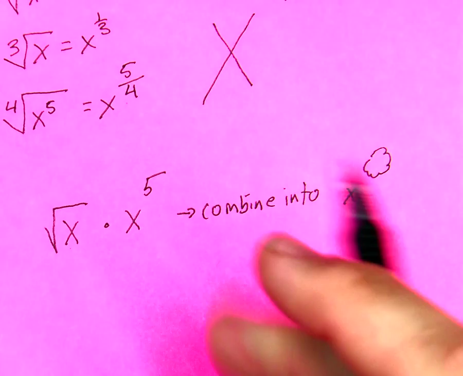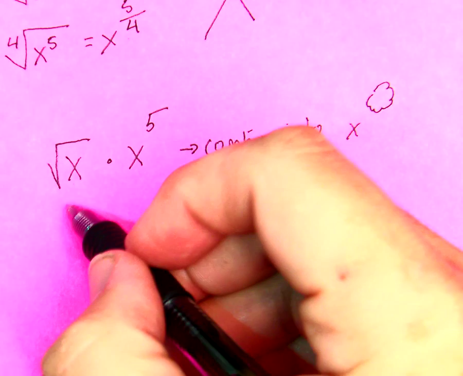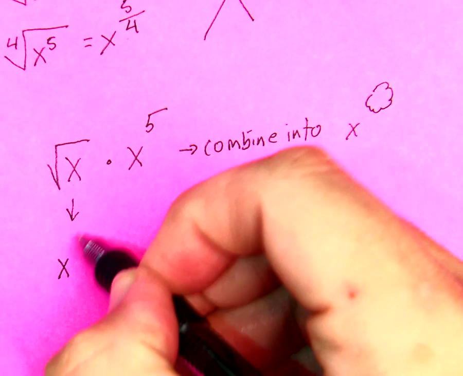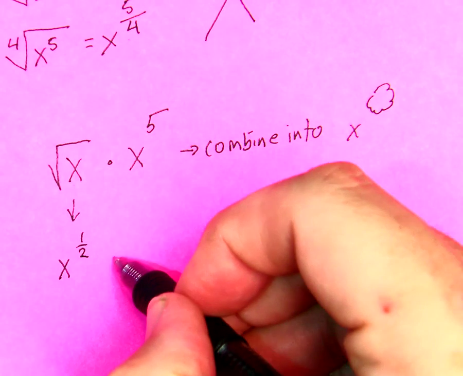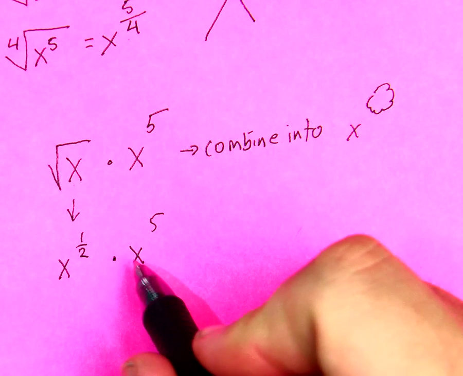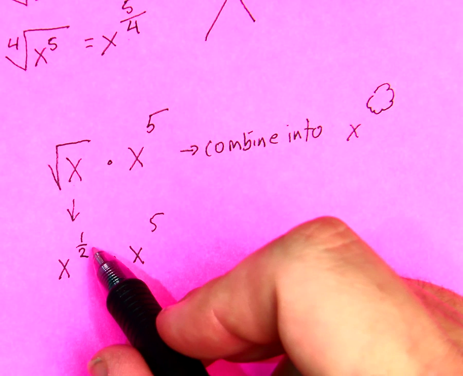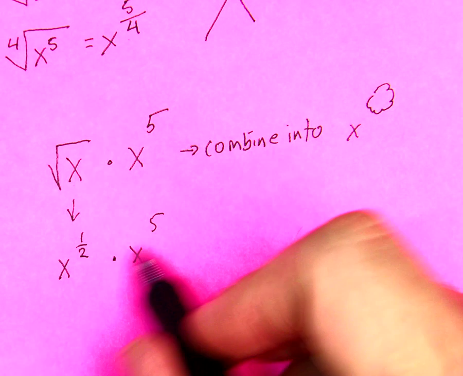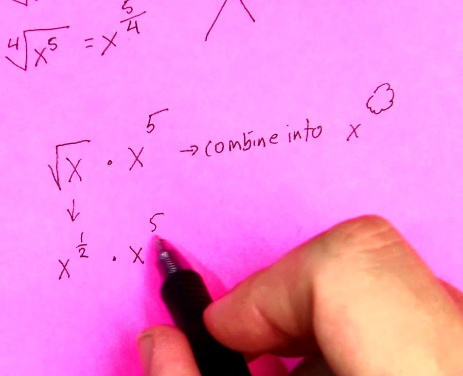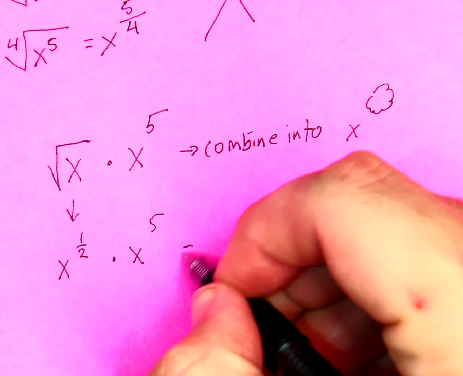But you want to be able to take this and say, all right, well, this guy's really x to the 1/2 times x to the 5th. Now you ask yourself, what's the rule when you have x to the 1/2 power times x to the 5th? You have same bases, different exponents, and you're multiplying. What do you do with the exponents? You add them up.